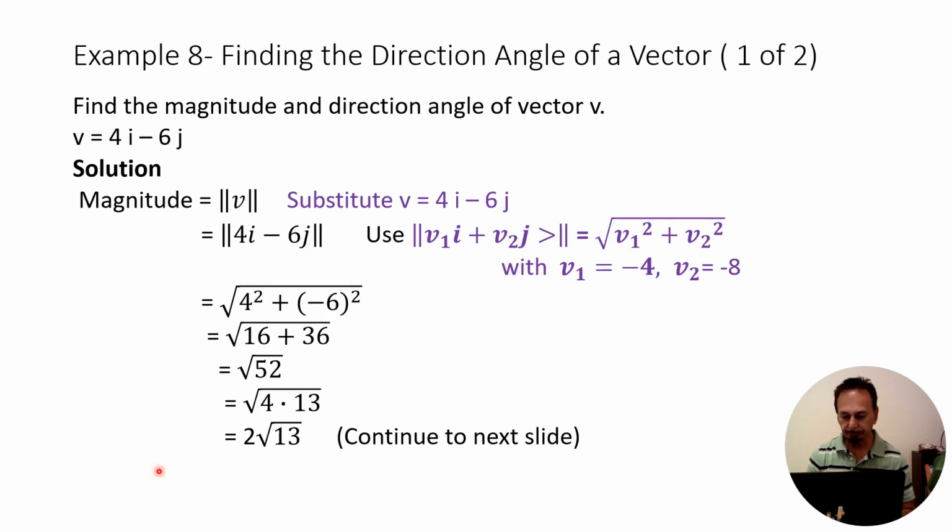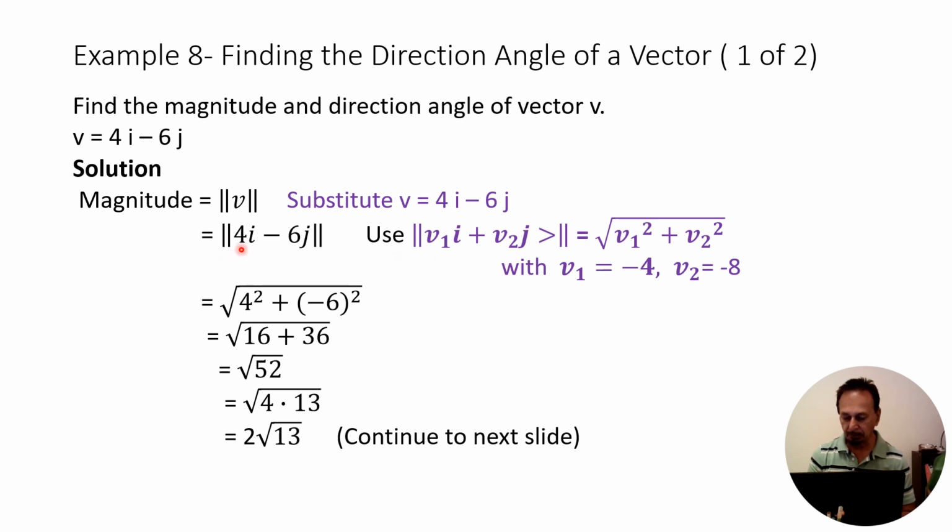Example 8. Find the magnitude and the direction angle of vector v. So here's a vector v in the linear combination of unit vectors. First we're going to find the magnitude. We denote the magnitude by double bars v, so double bar 4i minus 6j.